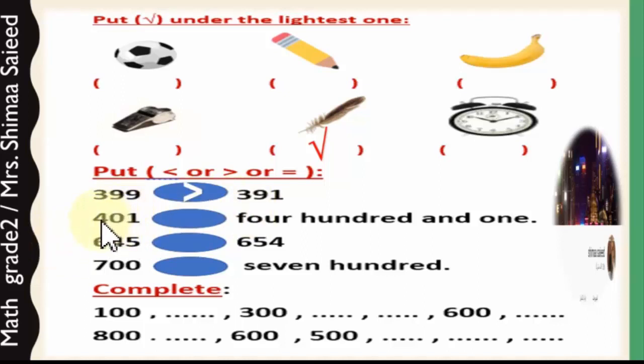What about 401 in standard form and 401 in word form? It's the same, so put equal sign. 645, 654. 3-digit number, 3-digit number. 6 in hundreds place, 6 in hundreds place. 4 in tens place, 5 in tens place. 5 is greater than 4, so 645 is less than 654.